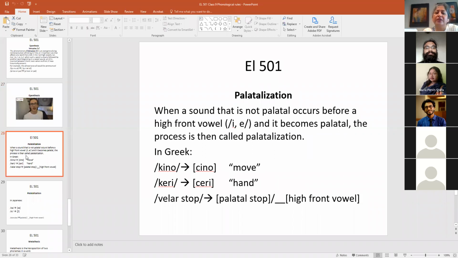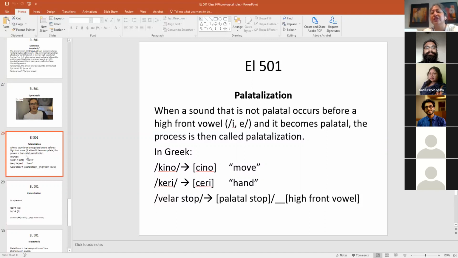So in the Greek word kino, just because the k sound, which is a velar stop, occurs before the e sound, it becomes chino, which is a palatal stop. Again, in scary, because it's a velar stop that occurs before the i sound, it becomes cherry, which is again a palatal stop.